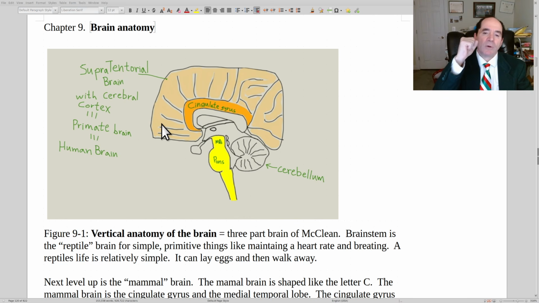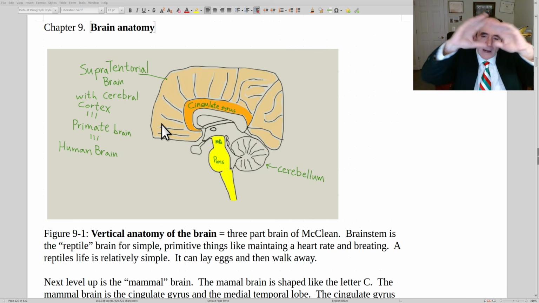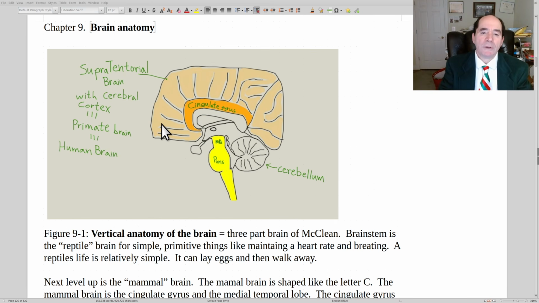So primitive reptile, basic needs, then the mammalian limbic system brain of knowing enough to raise a family, and then on top of that, the human cerebral cortex for much, much more advanced thinking. We're the only animal that can count to 10 and can read and all this other advanced, sophisticated stuff.